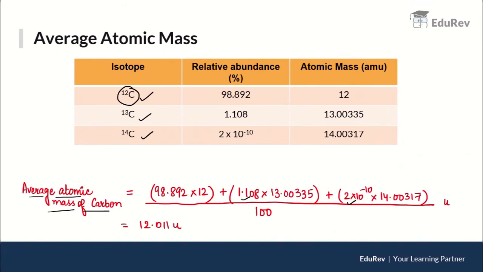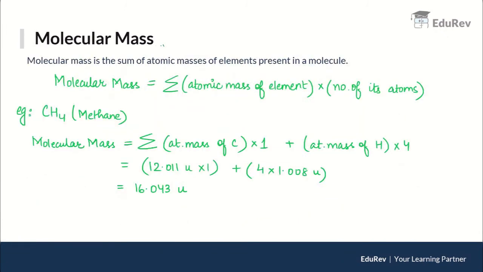So the unit will be unified mass, right? So the net result comes out to be 12.011 unified mass.